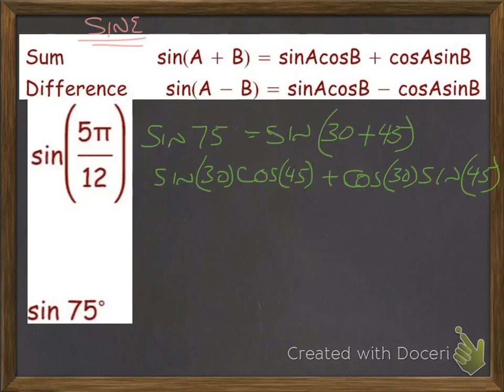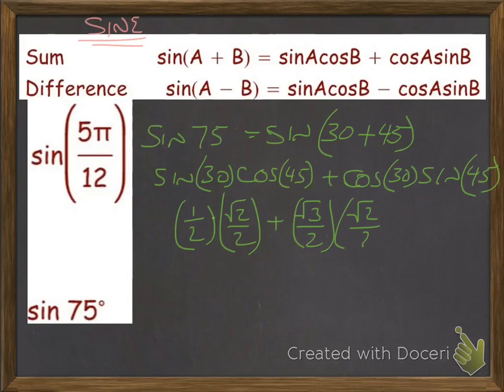Sine of 30, my y value of 30 degrees is 1/2 times square root of 2 over 2 plus x value of 30 degrees is square root of 3 over 2 times sine of 45, which is square root of 2 over 2.